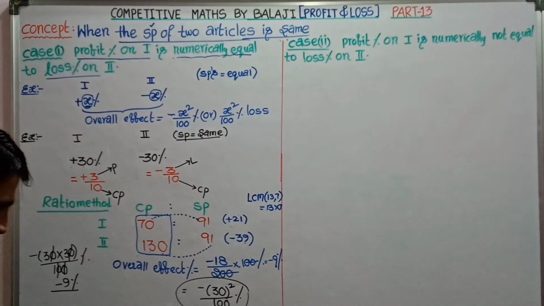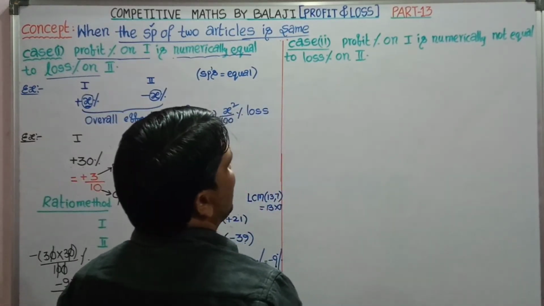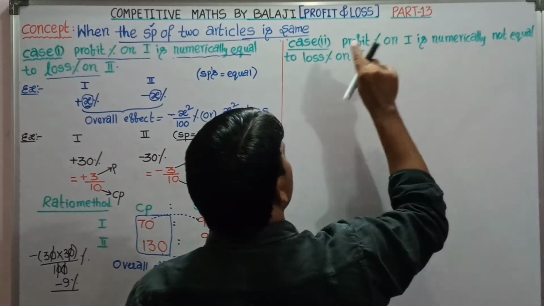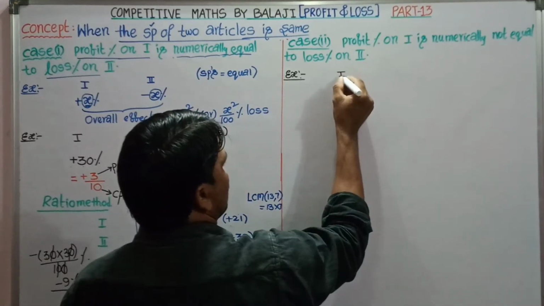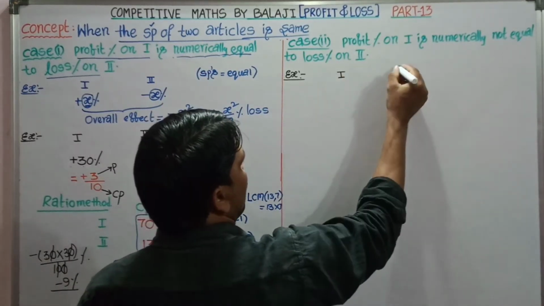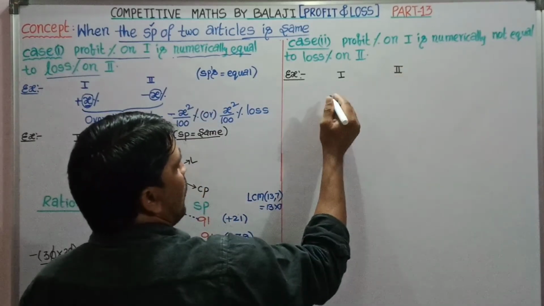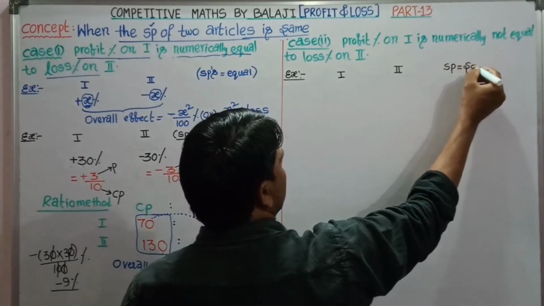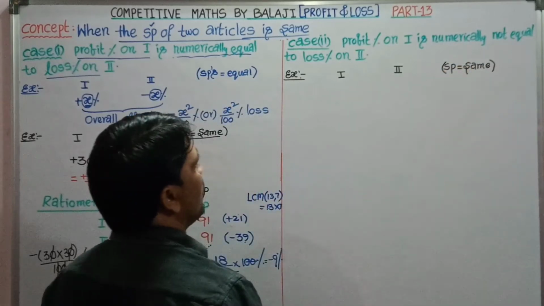Now, case 2. The profit percentage on the first article is numerically not equal to the loss percentage on the second article. Suppose we bought 2 pens, and the selling prices of these 2 pens are the same.